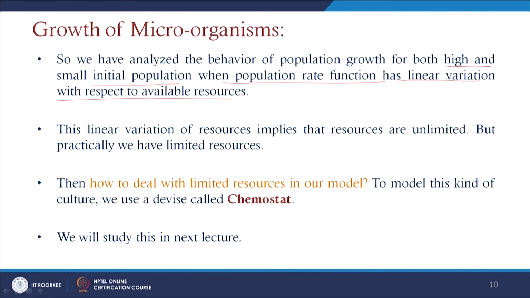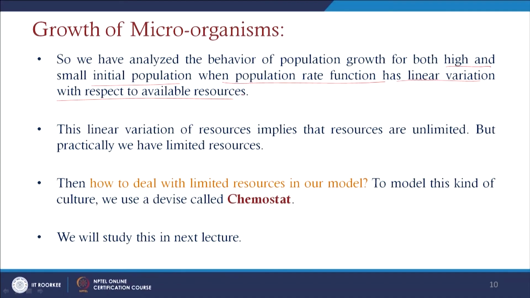Resources, whether we provide them or whatever is available, are always limited. That is why the population level always tries to maintain its balance for the growth or decaying process. Then if limited resources are available, how will our model treat that?